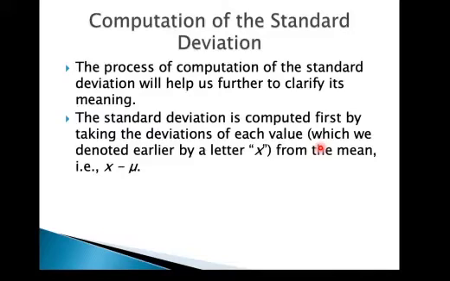Now, the process of computation of the standard deviation really helps us clarify its meaning. As we told you, the standard deviation is first computed by taking the deviations of each value from the mean, and we denote each value by x, so x minus mu.